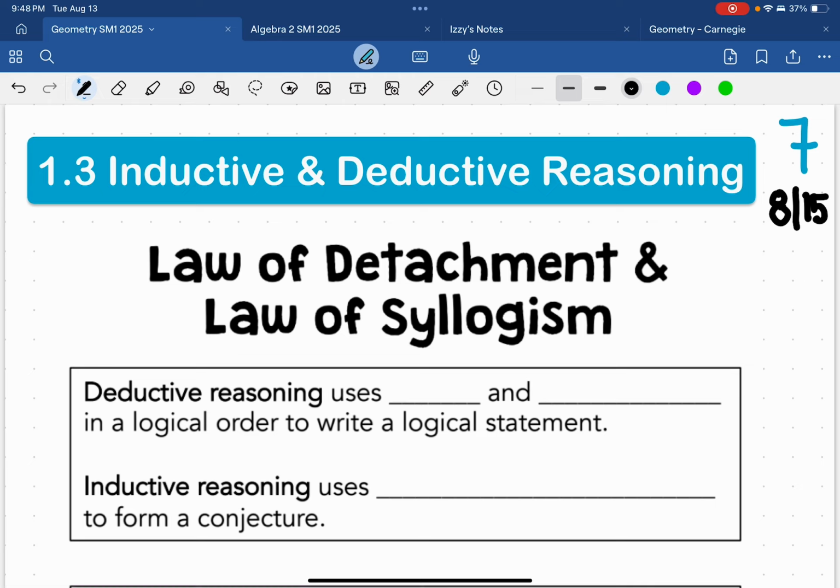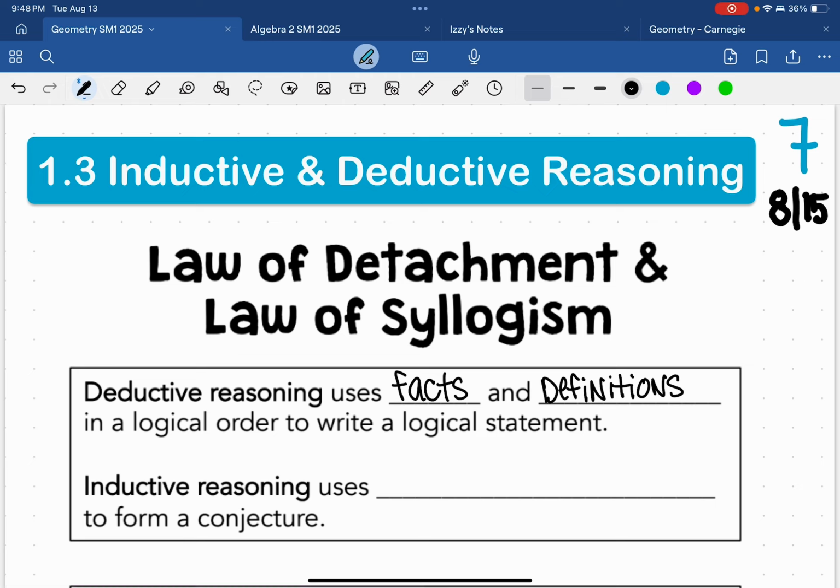All right, let's go ahead and get started with the law of detachment and the law of syllogism. Deductive reasoning uses facts and definitions in a logical order to write a logical statement. You've used deductive reasoning when you are looking for the next term in an algebraic or a geometric pattern.